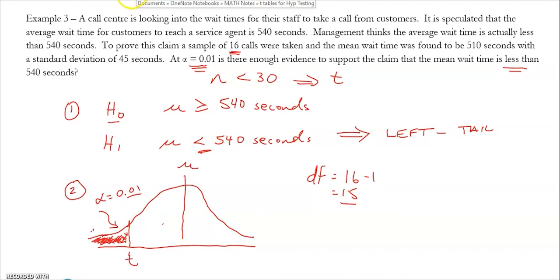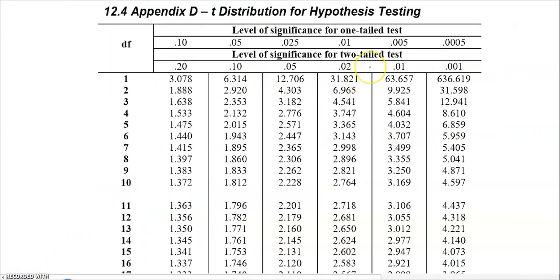So looking at our t-table, first of all, it's a one-tail test, so we are looking at this row here, 1%, so 0.01. So it's this column here. Degrees of freedom was 15, and so where those two values intersect, that is going to be our critical value. So 2.602.